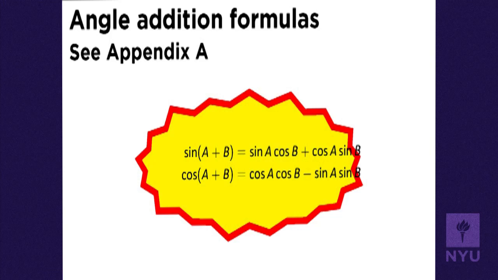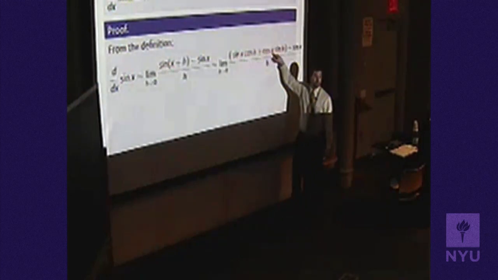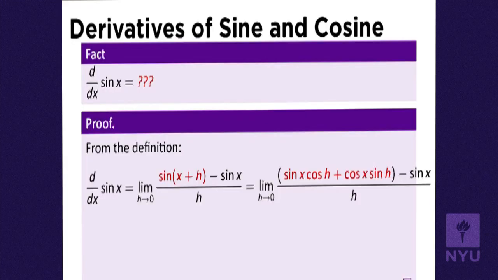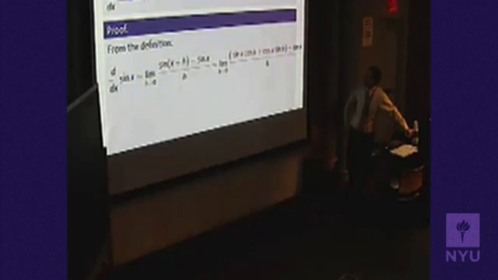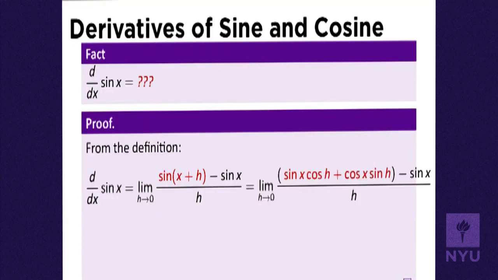Is that relevant? Well, I had the sine of x plus h. So that means I can take sine of x plus h as sine, cosine, cosine, sine. Sine x, cosine h, cosine x, sine h, and subtract sine x. Okay, does that help? Well, at least now this term shares a factor with this term, right?